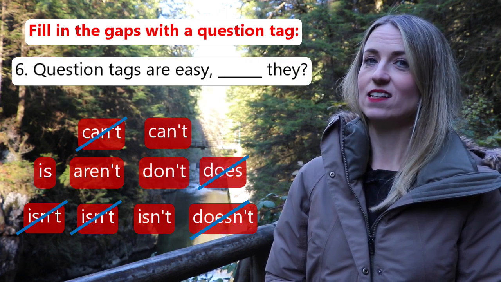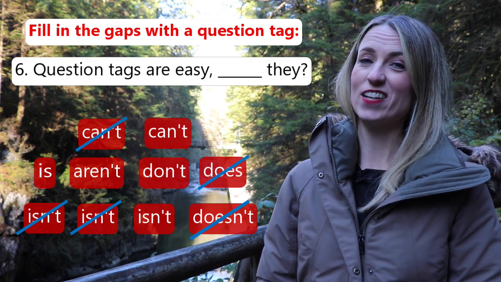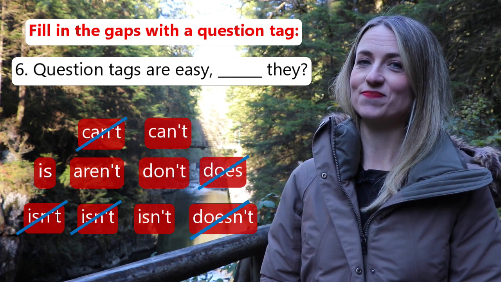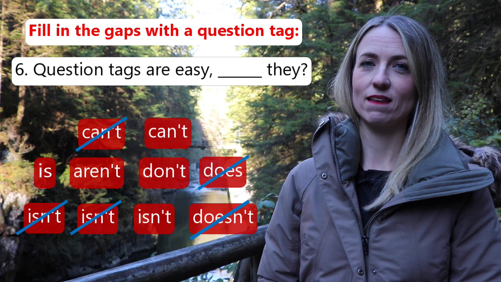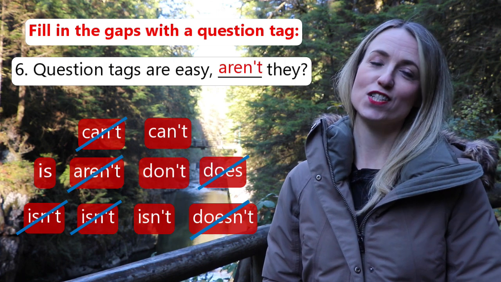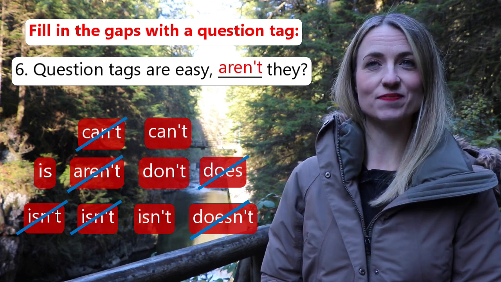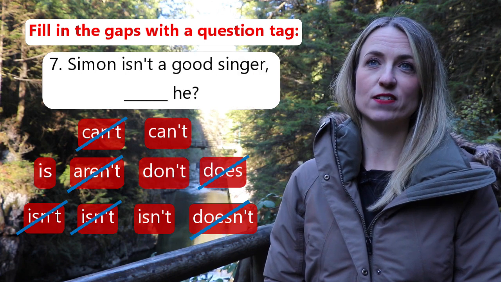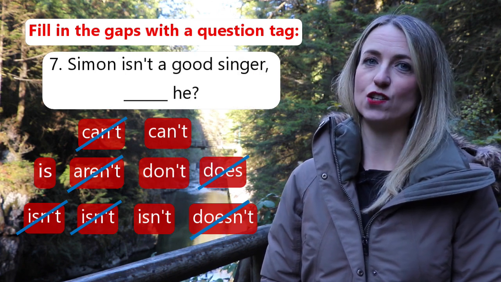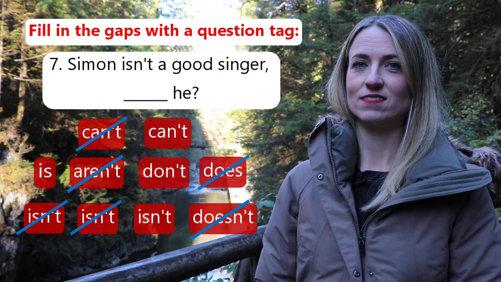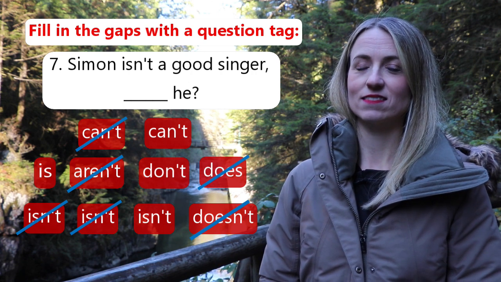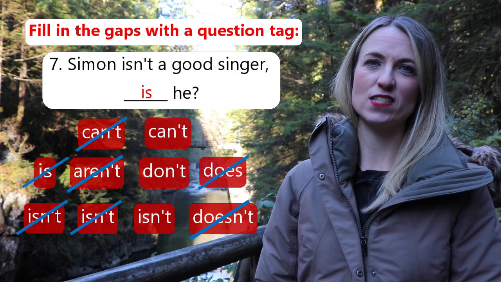Number 6, question tags are easy, they. Question tags are easy, aren't they? Number 7, Simon isn't a good singer, he. Simon isn't a good singer, is he?